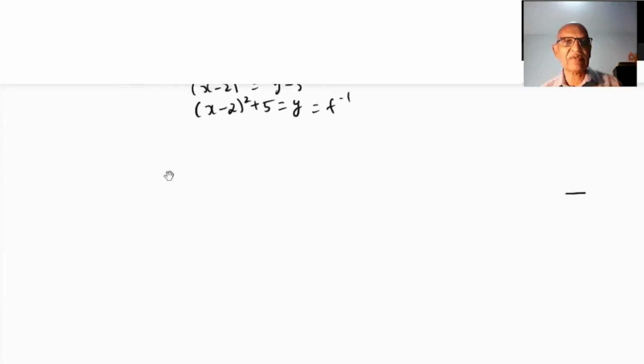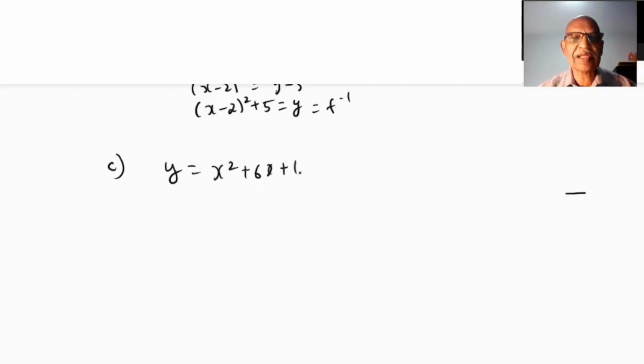Okay, let's see another question, C. If I'm given in standard form y equals x squared plus 6x plus 1. This looks a little bit difficult, but it's okay. Let's see. Always interchange x and y first. x equals y squared plus 6y plus 1.